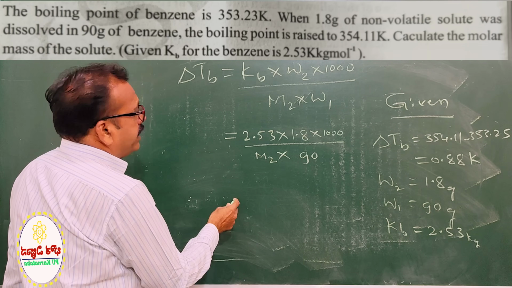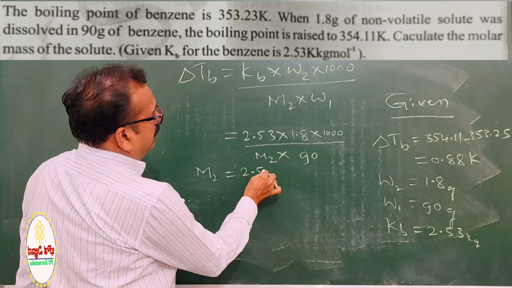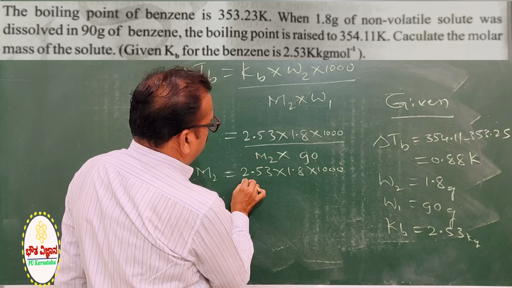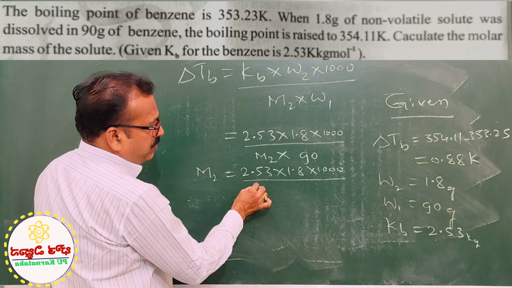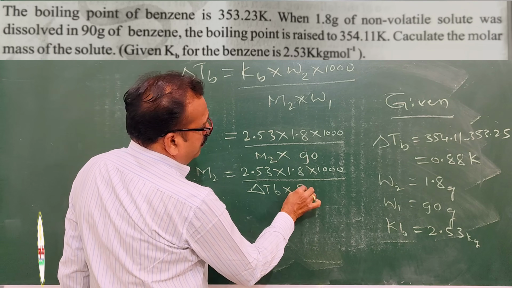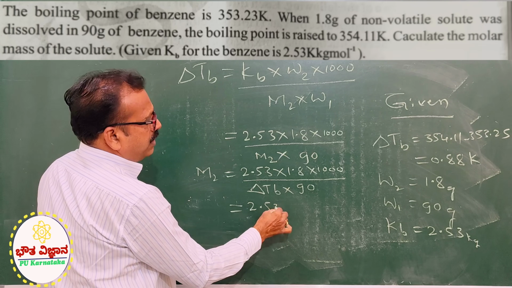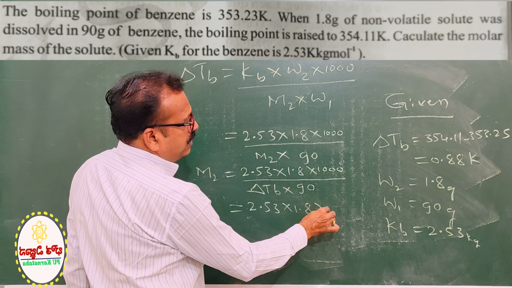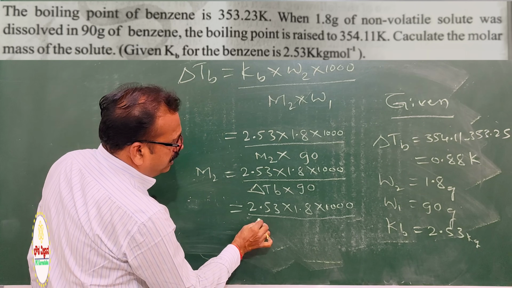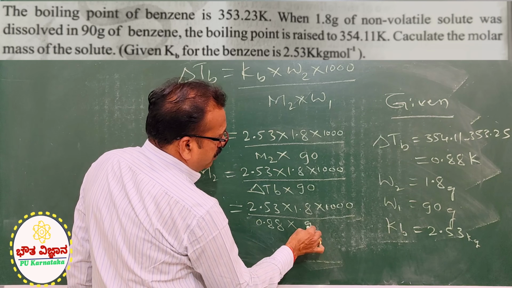So you have to rearrange this formula, you will get M2 equal to 2.53 into 1.8 into 1000 divided by your del Tb value, that is 0.88, into 90.